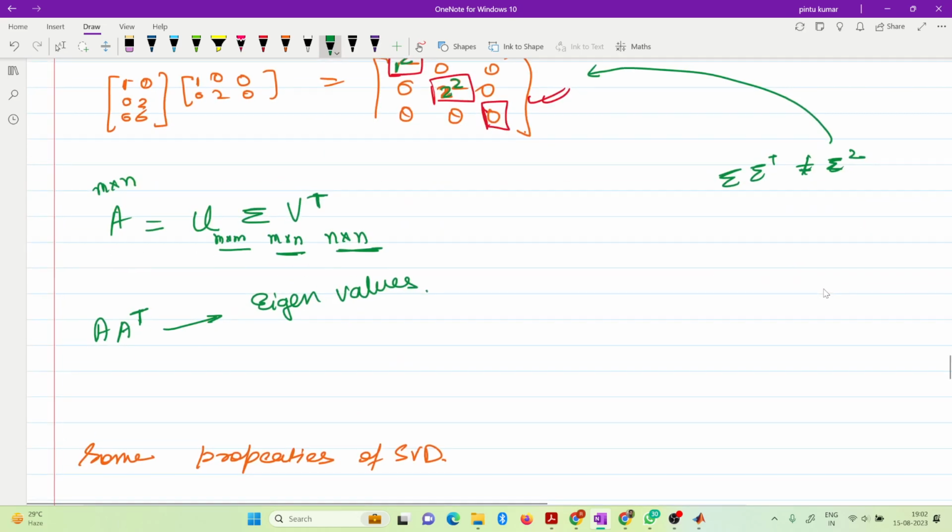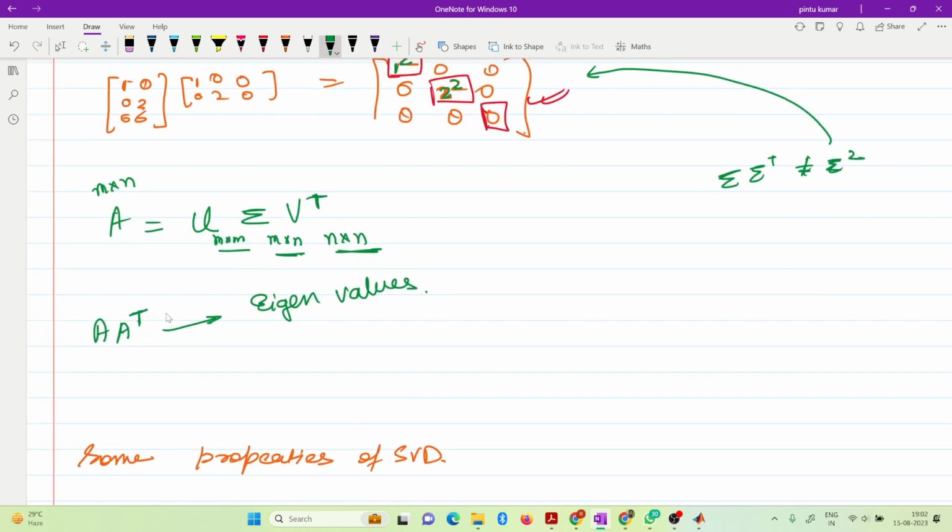First of all, you will take AA transpose, calculate its eigenvalues, and then the corresponding eigenvectors. To construct sigma, you take the square root of the eigenvalues, write them on the diagonal elements, and fill the rest of the entries with 0.